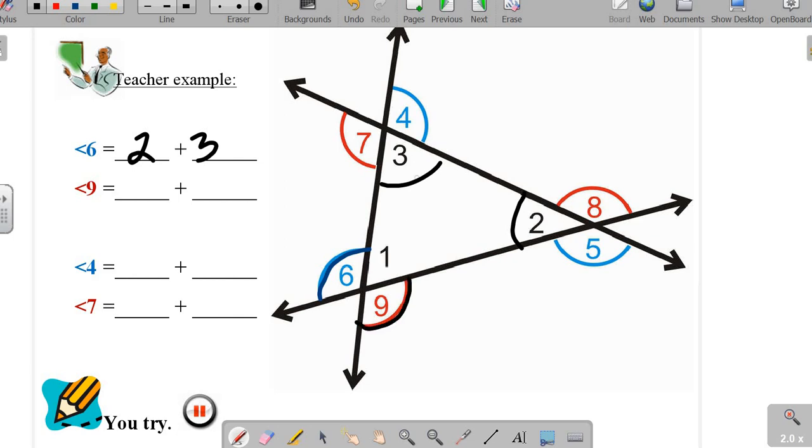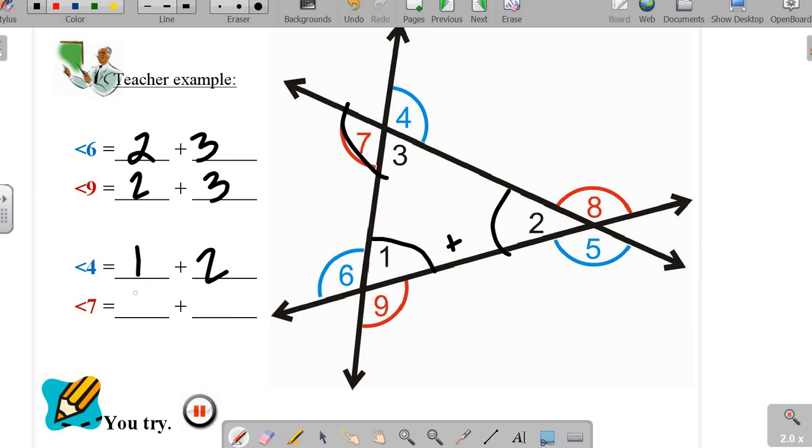The two opposite interiors, opposite but interior, are also 2 and 3. Angle 4, the opposites are going to be 1 and 2. So angles 1 and 2 would add up to 4. Same thing with 7. The opposite interiors would be angle 1 and 2, would add up to angle 4.